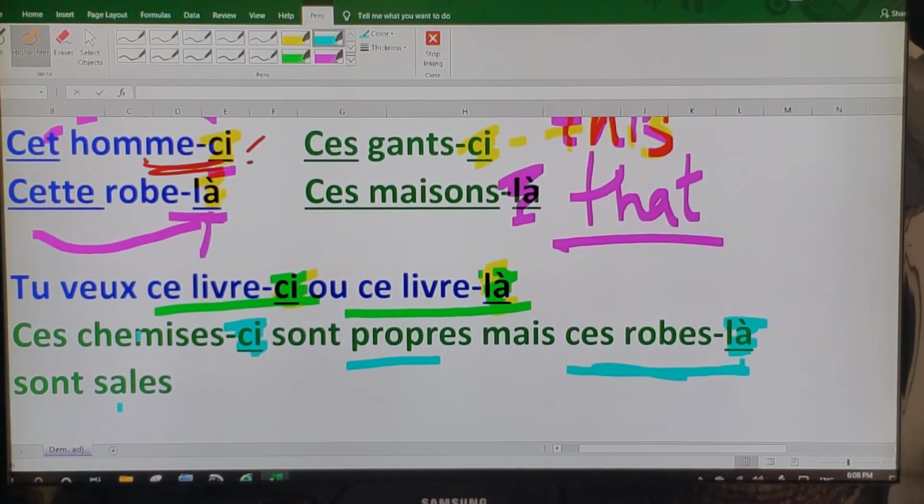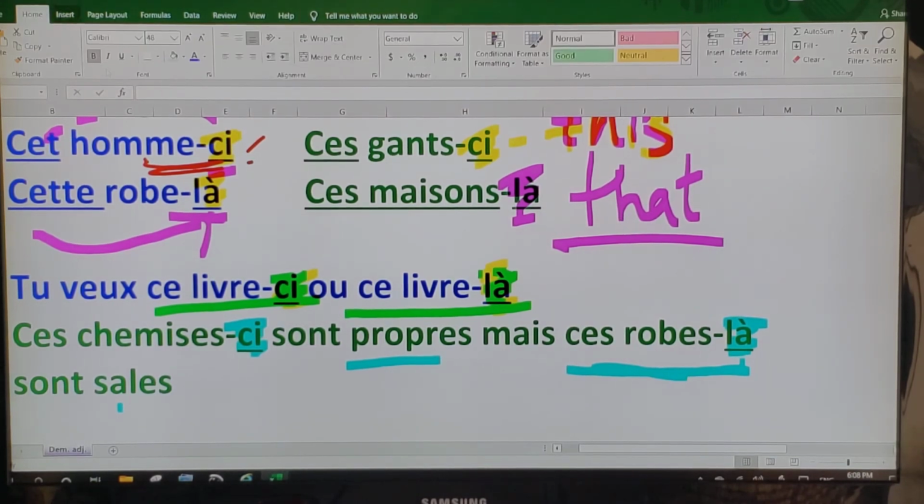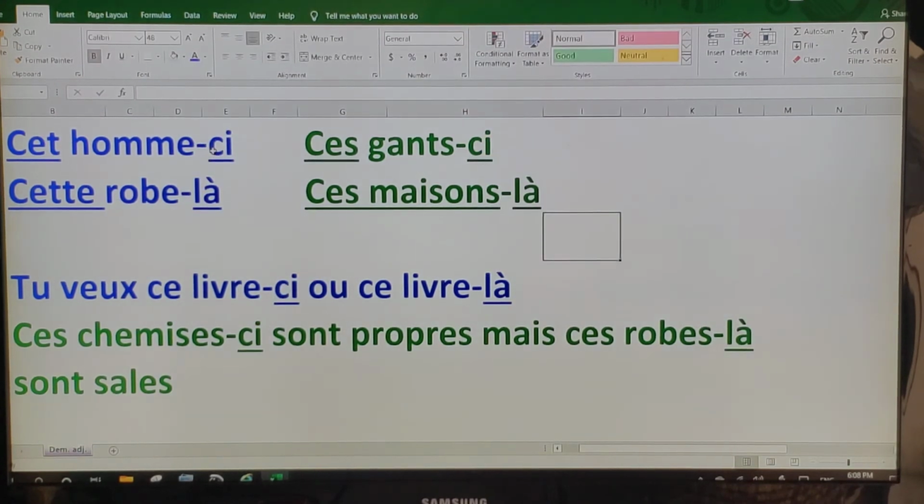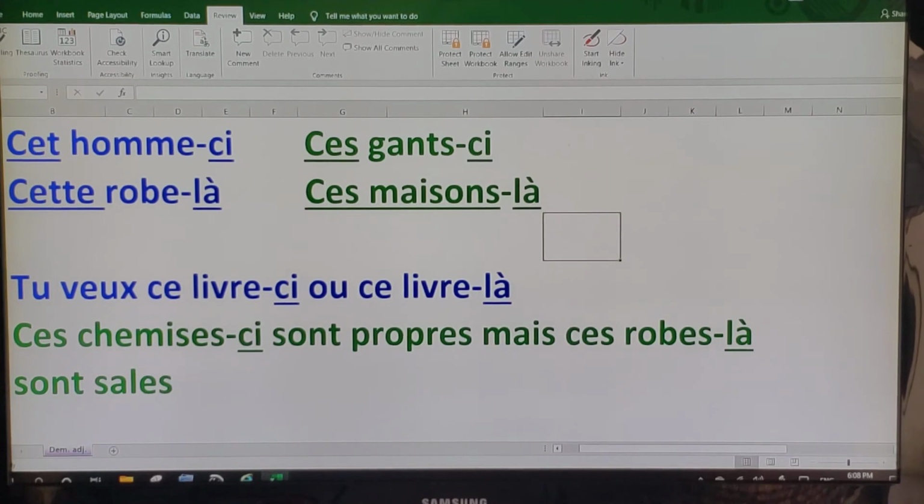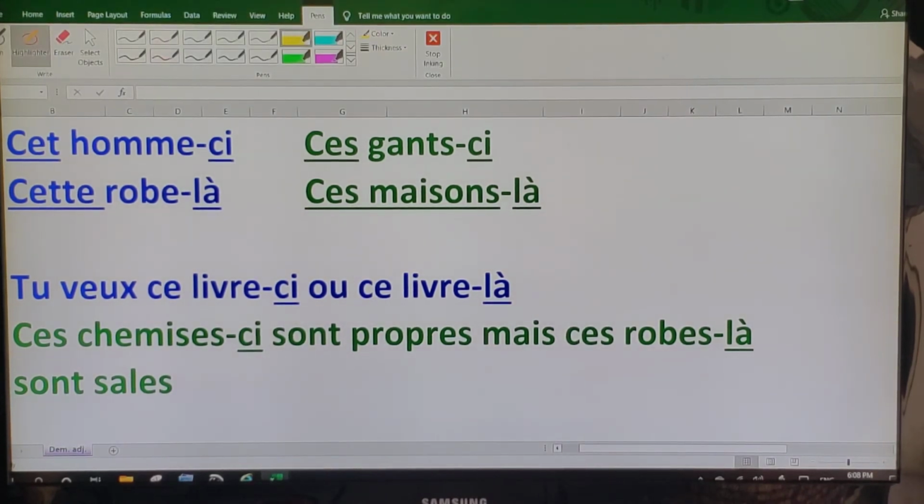Okay, so a quick recap as to why we use -ci and -là. Whenever we use -ci at the end of the noun, and there's a demonstrative adjective here, it emphasizes, it means rather this. And if you use -là at the end, it means that.